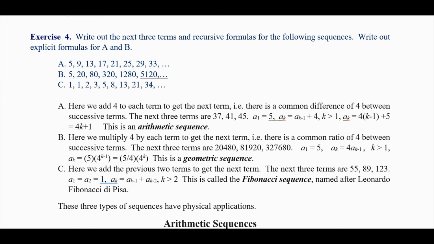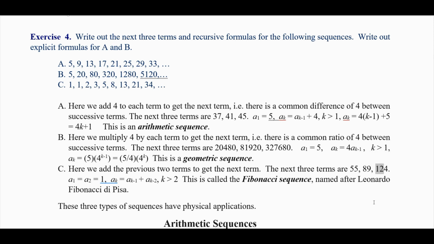21 plus 34 is, what is that? 55. Then we do 55 plus 34 is 89. And then 55 plus 89, that's wrong. That's not right.